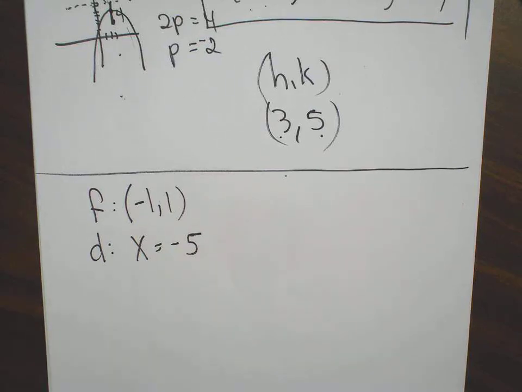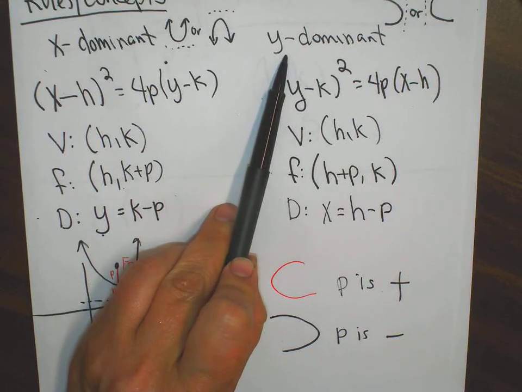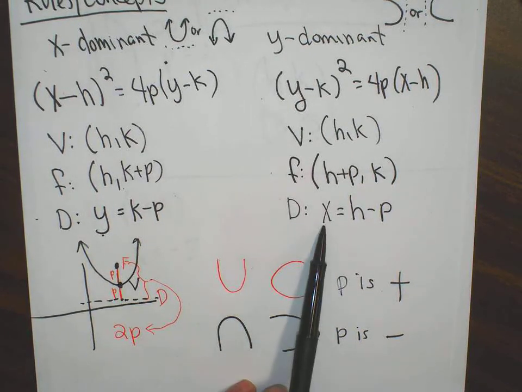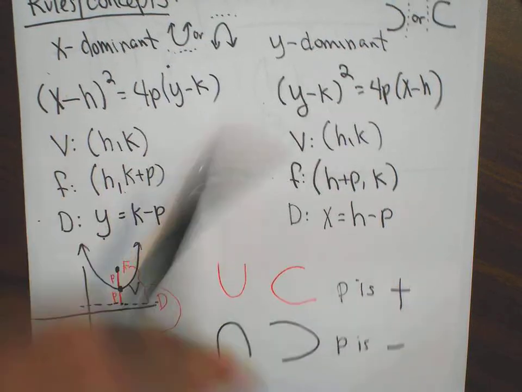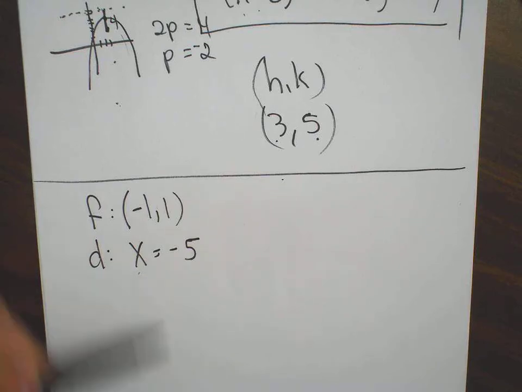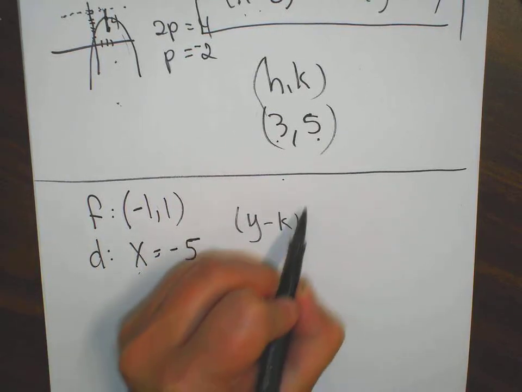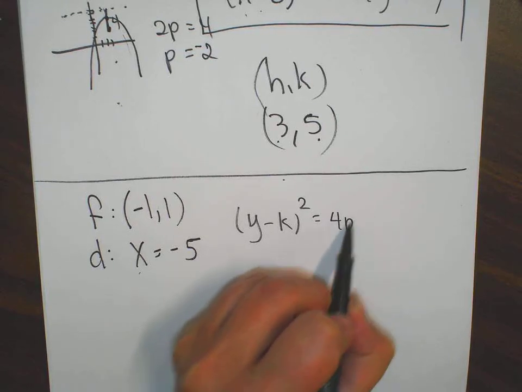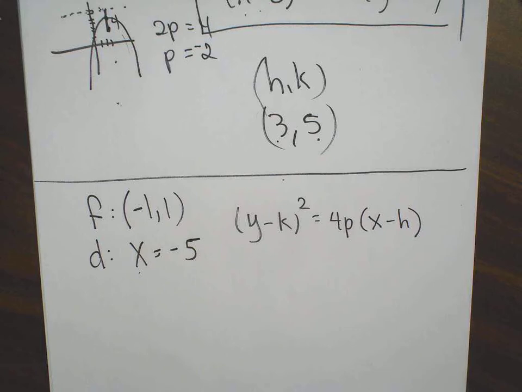A Y dominant parabola has a directrix that is a vertical line, which is an x equals. So if I have a vertical directrix, this is going to be Y dominant. So what's my formula for a Y dominant? Standard form: y minus k all squared equals 4p times x minus h.